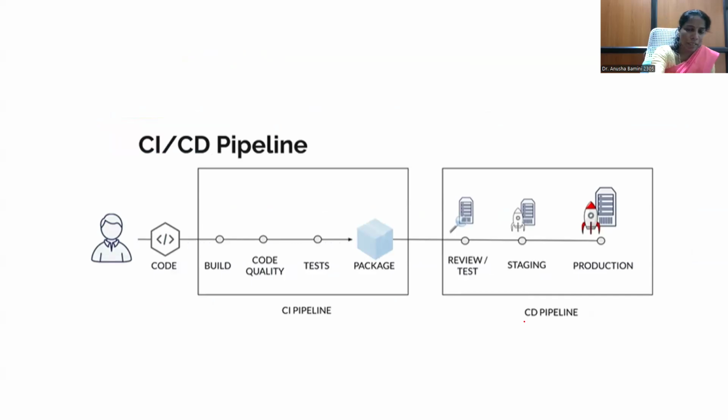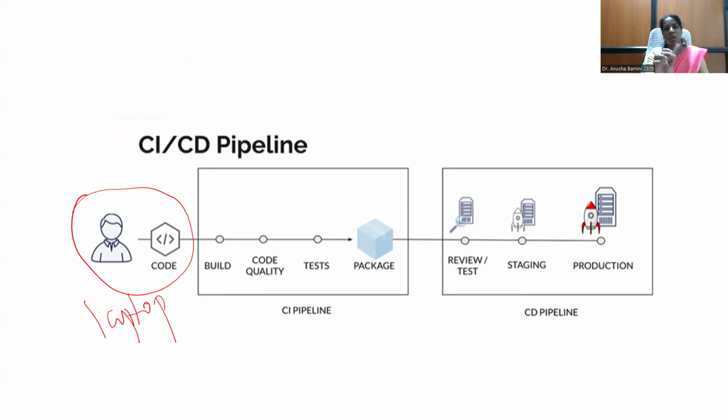So here the developer develops the code. This is on your laptop. Okay, this is done on our personal side. After developing the code, once you push the code to the CI pipeline, continuous integration, here you can use a Git platform. Git or which platform?